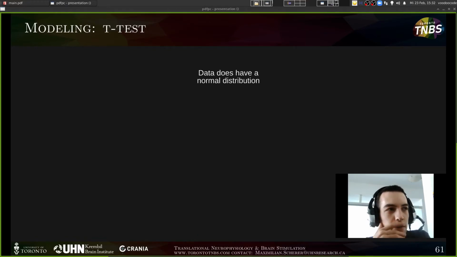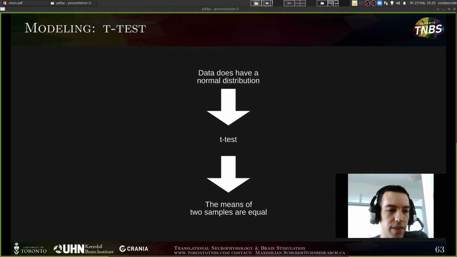Then what most of you probably have been using so far is a t-test, which assumes that the data is normally distributed. Then you can go for the t-test, and the t-test leverages way more information because of the assumption that data is normally distributed.